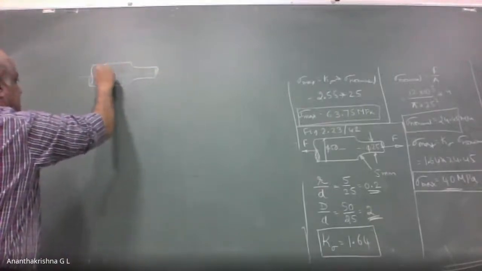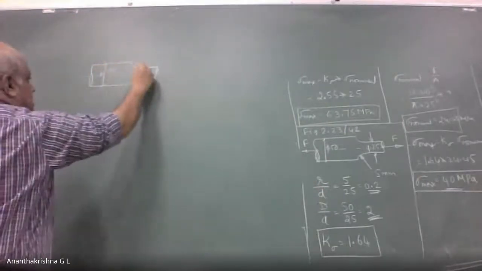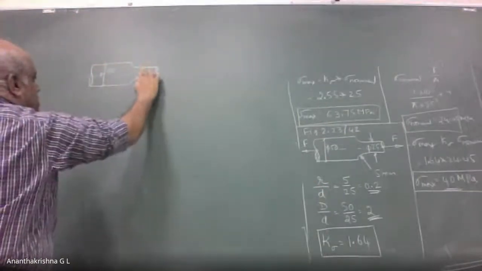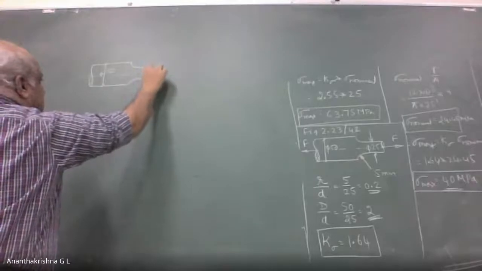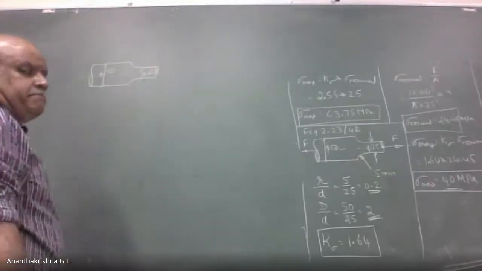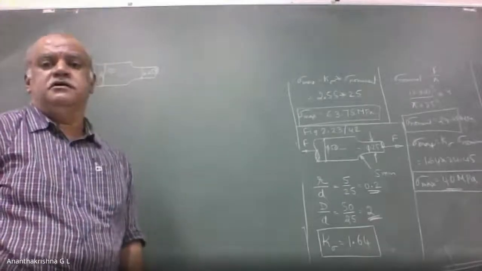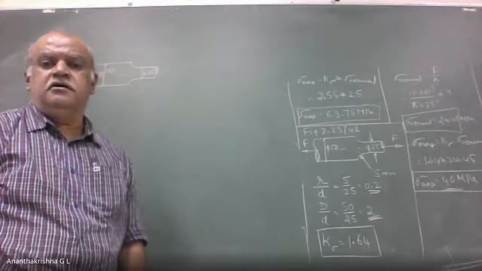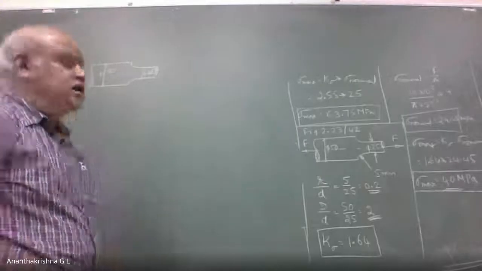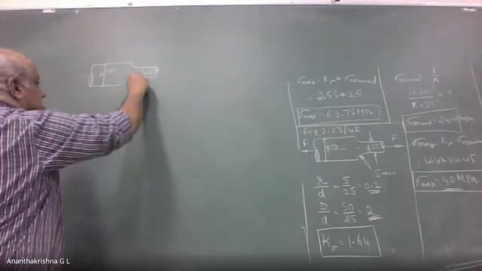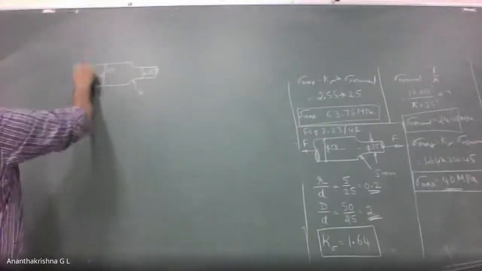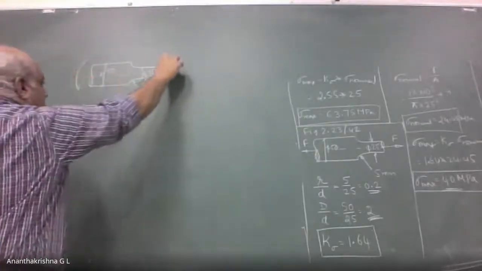It is 50 mm, correct? And minimum diameter is 25 mm, correct? And what is the fillet radius? 6 mm, subjected to a bending moment of how much?